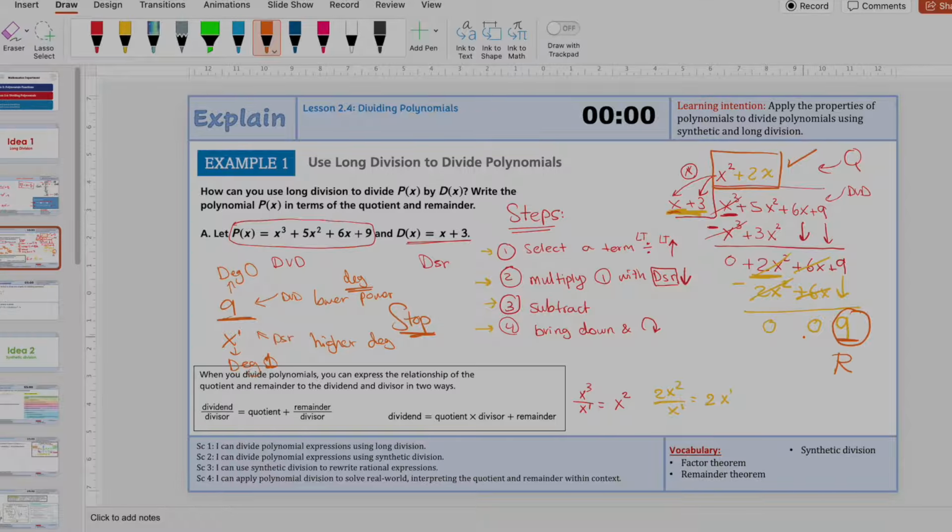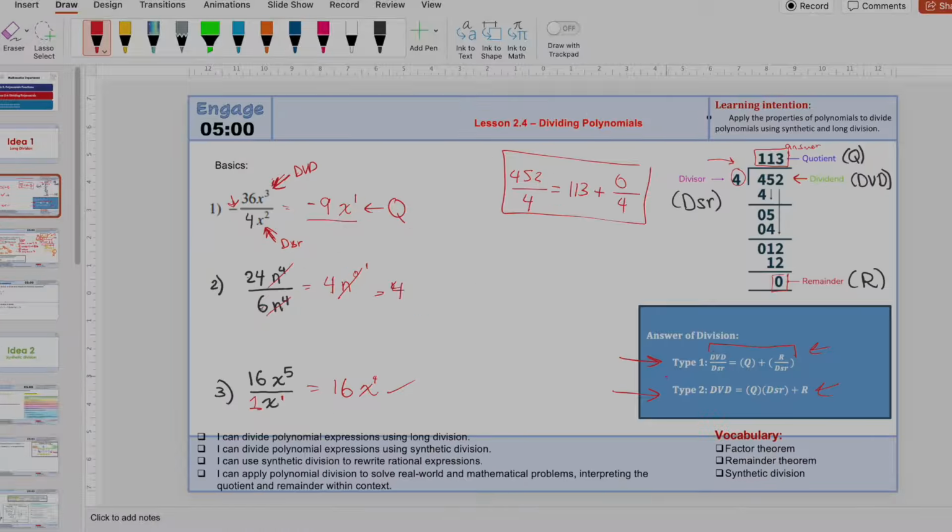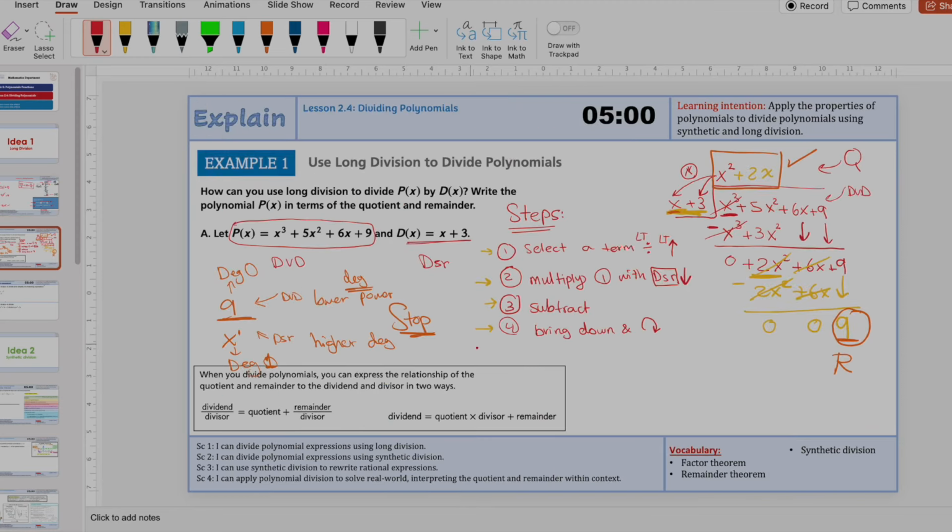Okay? Makes sense? Tayyib, how do we write down our answer? Let's say I want to use not type 1 answer, I want to use type 2, which is dividend equals quotient times divisor plus remainder. How does it go? So first you write the dividend, which is this one, like this whole thing is the original dividend.